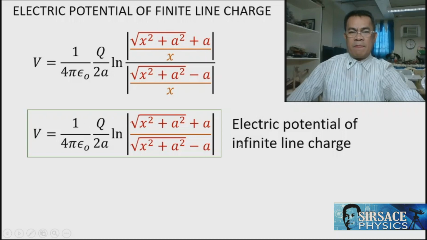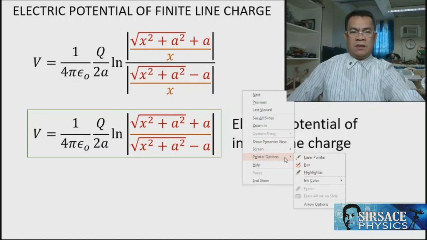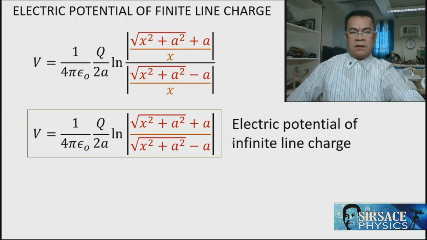So this is only intended for the infinite line, or sorry, finite. The infinite part should be removed. This is not infinite. This is for a finite line, which means that the length is known.